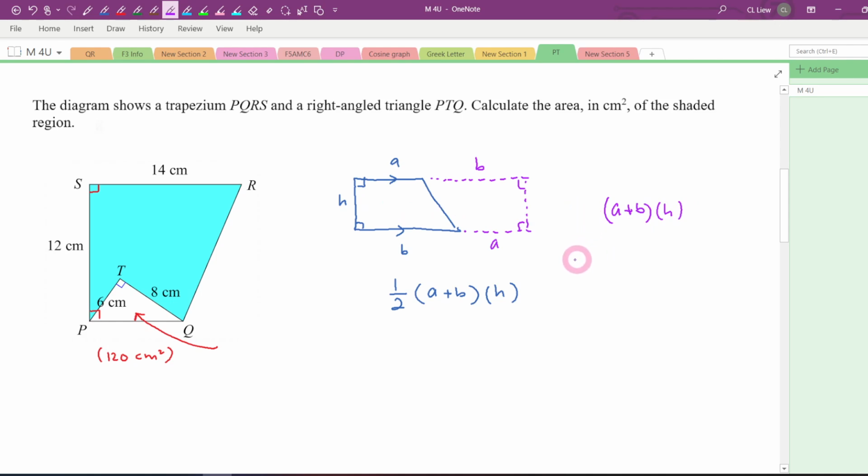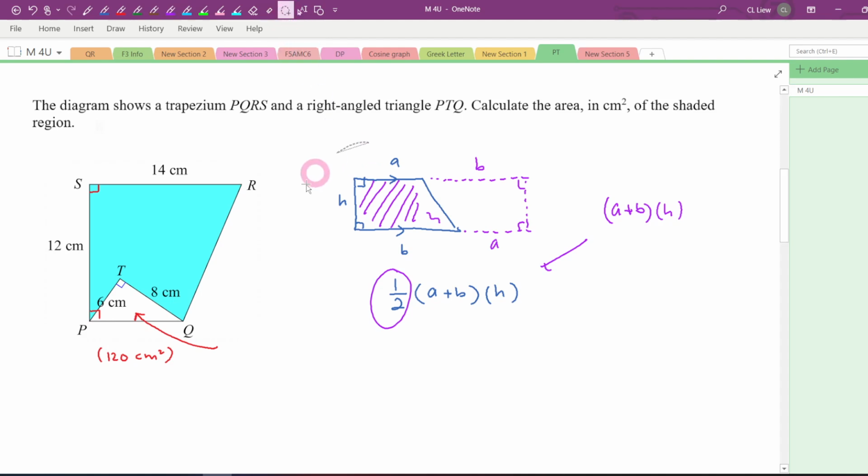Therefore, we need to times 1 over 2 so that we get the area of half of the rectangle. So this is why the formula of a trapezium has 1 over 2, and we add A and B times the height. I think understanding the formula is important because if you understand it, it's easier for you to remember it.